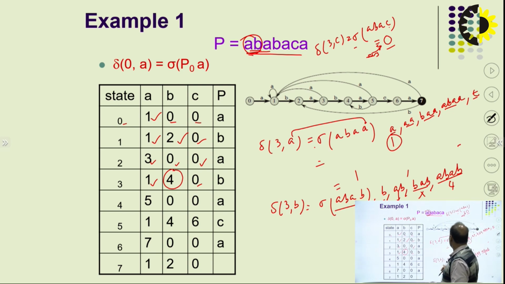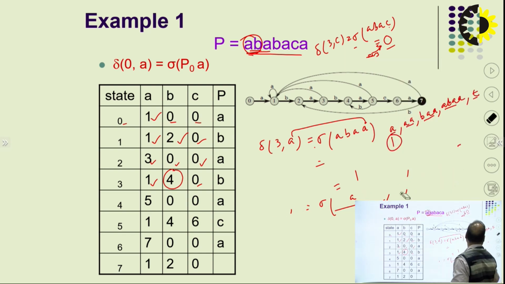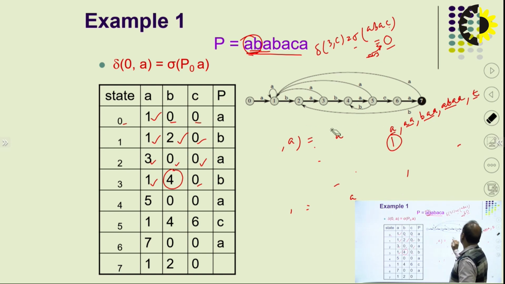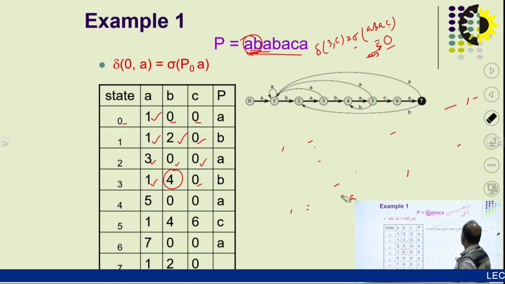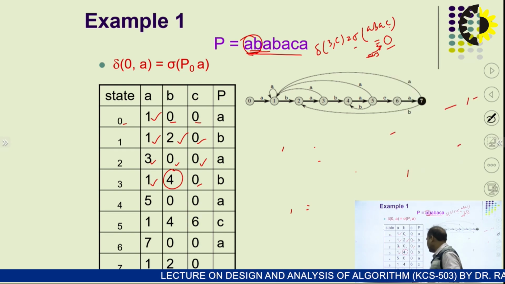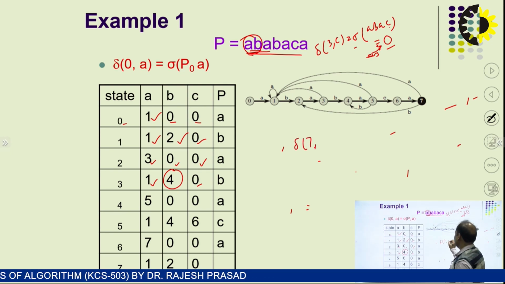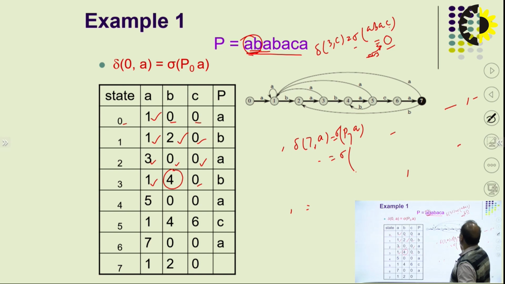So similarly, let's randomly calculate delta 7 comma A. Sigma P7A, where P7 is the complete ABABACA, and then attach A. So only one suffix, A, is found as a prefix of the pattern.